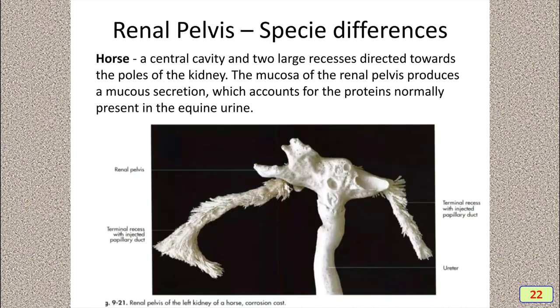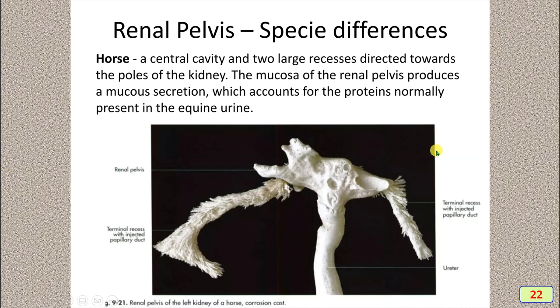Then this is another structure; the renal pelvis has specific differences between the species. The horse has a central cavity, whereas the mucosa of the renal pelvis produces mucus secretion, which accounts for the proteins normally present in equine urine.